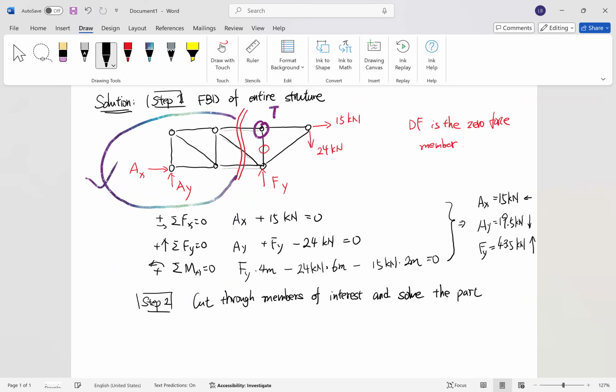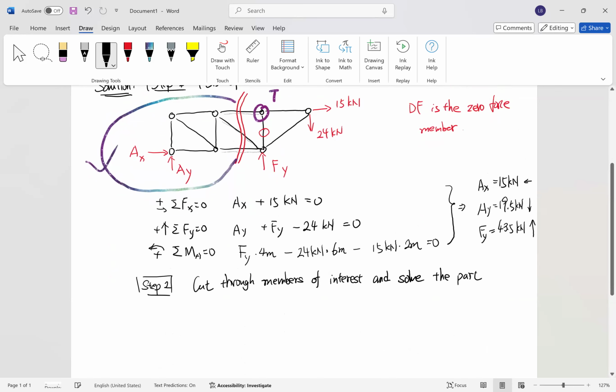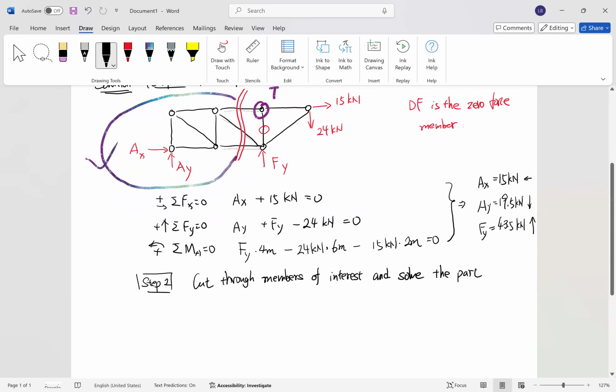And note that it is still a force analysis, right? It is a force analysis for the left part. And by saying that it's a force analysis, we need to first draw the free body diagram.